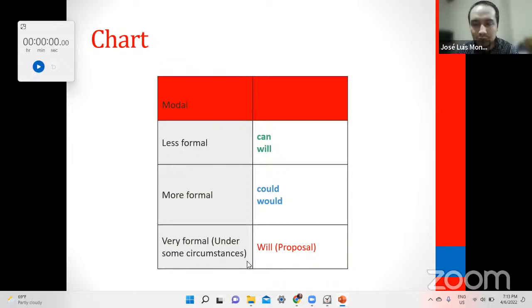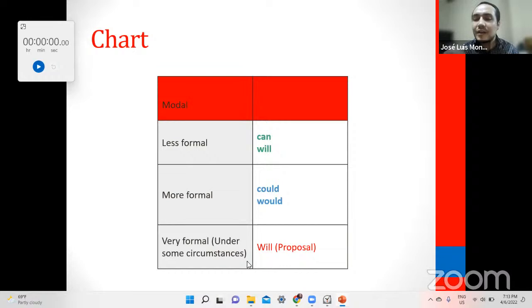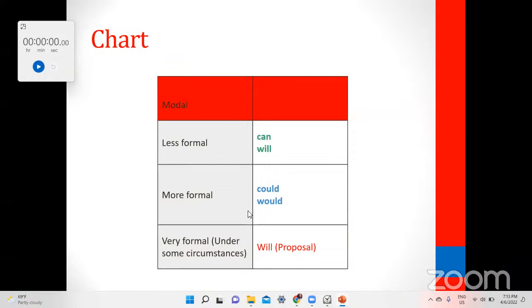Your microphone is up, but yes, it's more formal. Okay, that's going to be the main difference, right? Can is less formal, and could and would are going to be more formal. All right, good. Thank you, Wilson. That's it. Thank you, teacher.